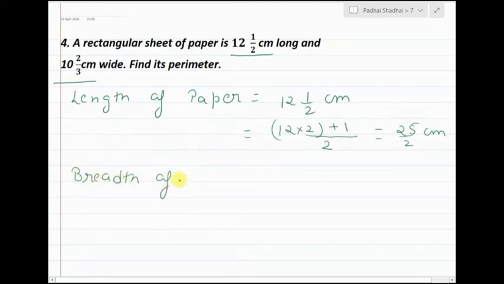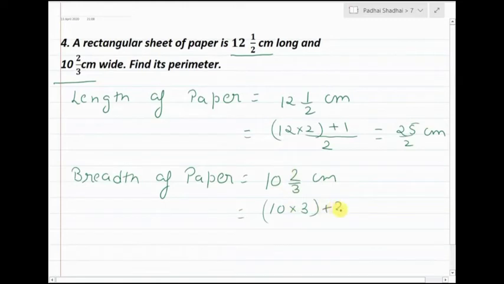Breadth of paper is equal to 10 integer 2 by 3 centimeter. So converting it into improper fraction, 3 tens are 30 plus numerator, that is plus 2, by denominator, that is 3. So it is 32 by 3 centimeter. We have got length and breadth both in improper fractions.